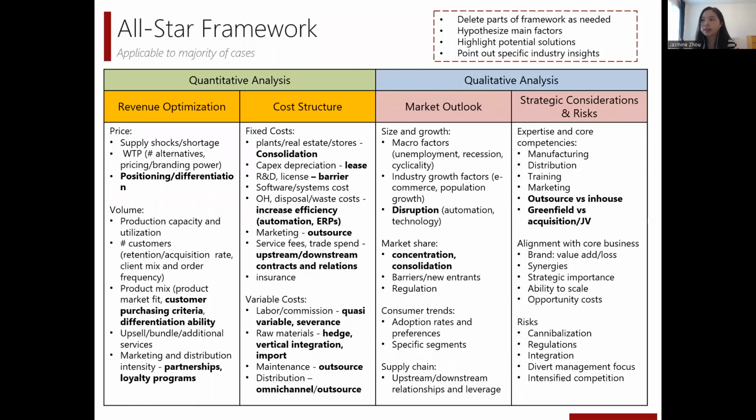And then your 4 main buckets, of which revenue and costs I almost always keep, because they're usually relevant to the majority of cases that deal with profits or money or revenue. And then for qualitative analysis, sometimes both market and strategic risks and considerations are relevant, but sometimes I use one or the other if they're not too relevant to the case at hand.